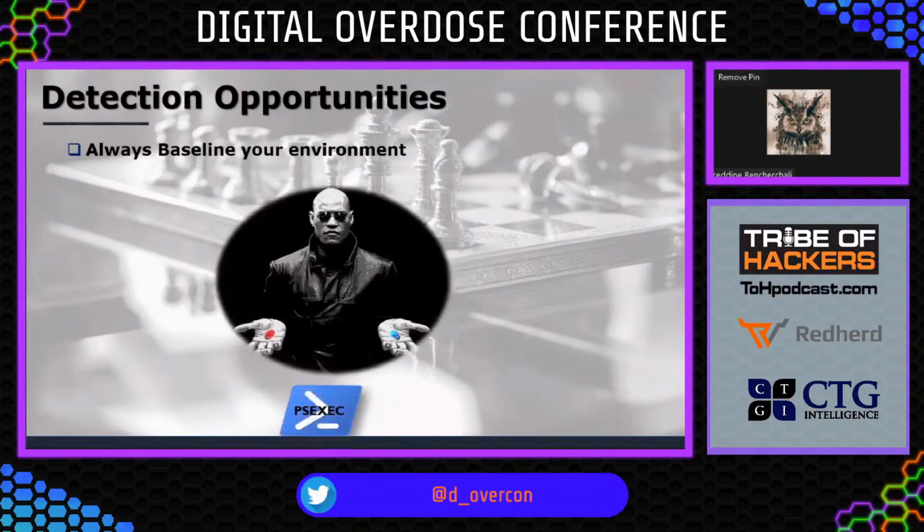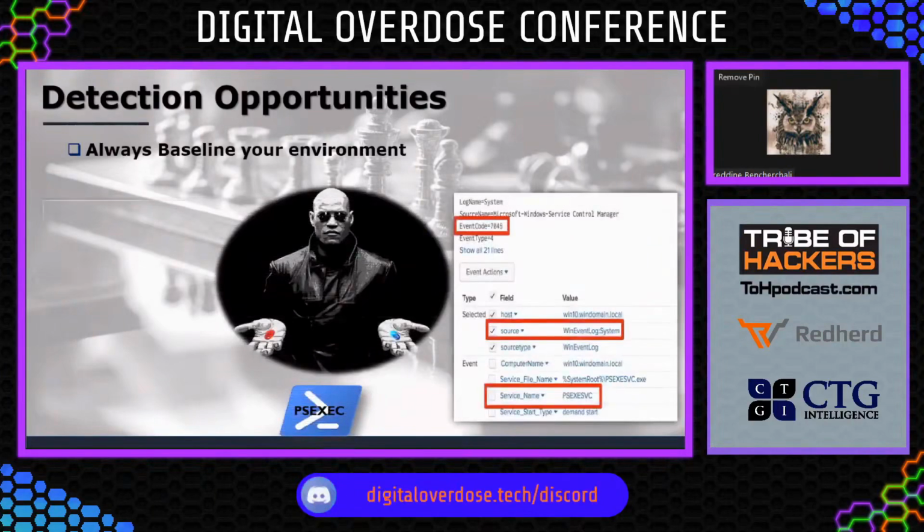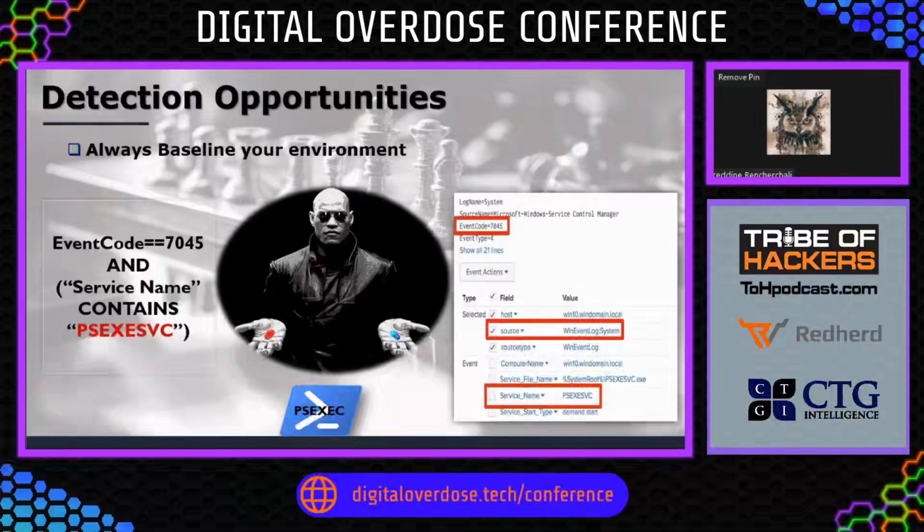Let's take a simple example of PSExec. Well, PSExec is a very well-known utility that was created to be used by administrators to remotely target computers. So when you baseline your environment, basically what are you saying? What is normal in my environment? And when I know my normal, I can detect what is not normal.